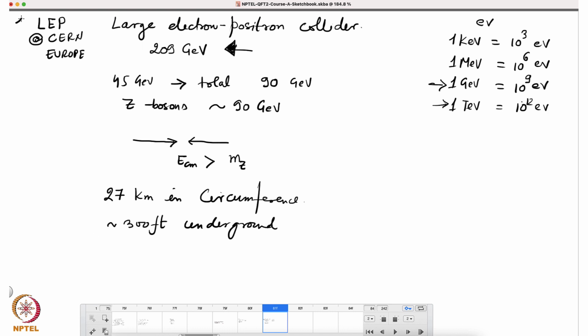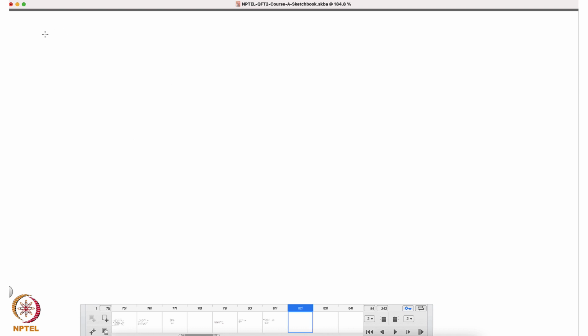Another collider which played a lot of role in the development of high energy physics is the Tevatron, and this was at Fermilab in the United States.